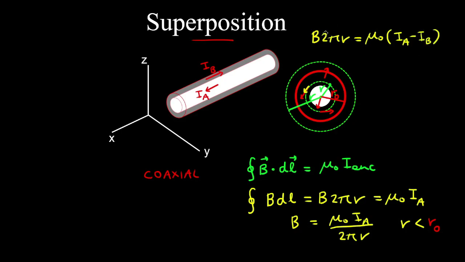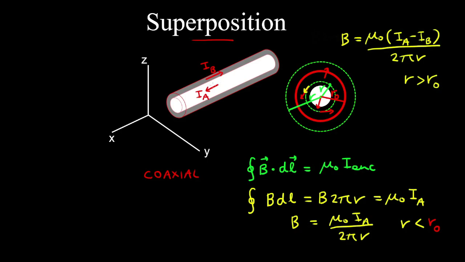And dividing through by 2 pi r, we have the magnetic field at a point outside the cable. So this is for r greater than RO.